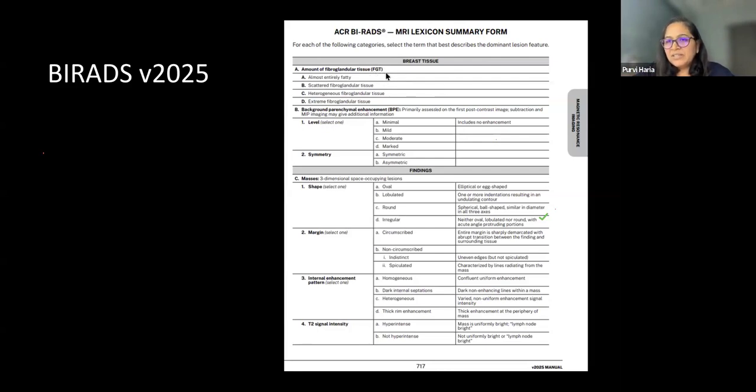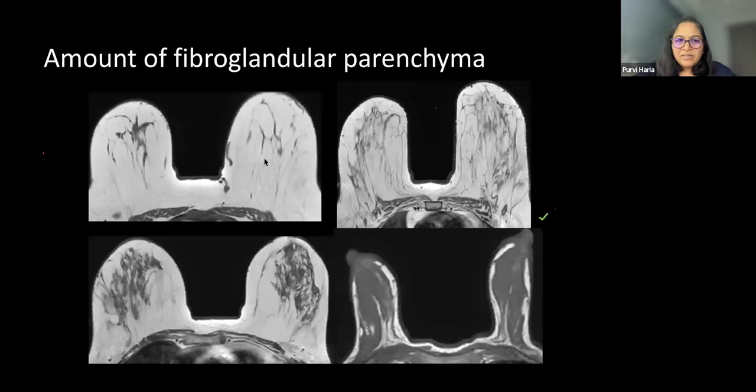This FGT correlates with the density on the mammogram. The lexicons are almost the same: almost entirely fatty, scattered fibroglandular parenchyma, heterogeneous parenchyma, and extremely dense parenchyma. Here it is assessed on the T1 weighted, T1 non fat-sat images, on which we determine the fibroglandular parenchyma. So this is almost entirely fatty, scattered fibroglandular, heterogeneous fibroglandular, and dense fibroglandular parenchyma.